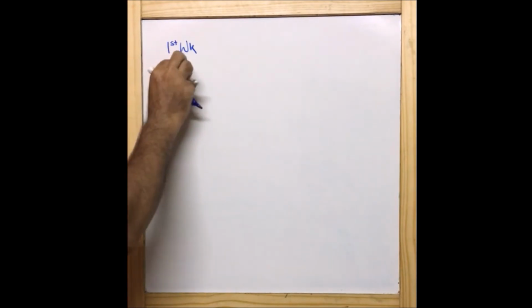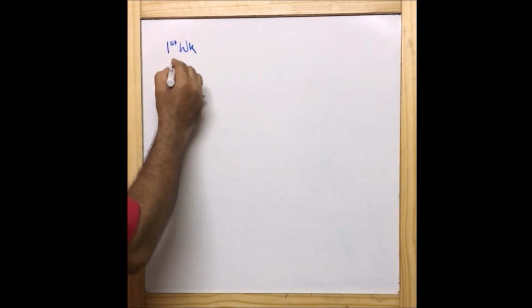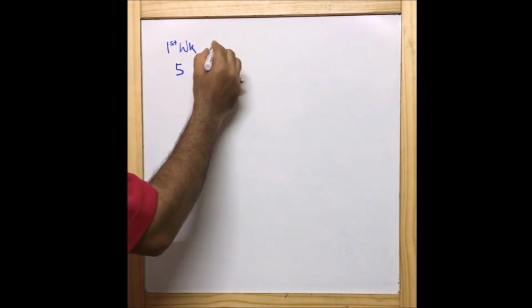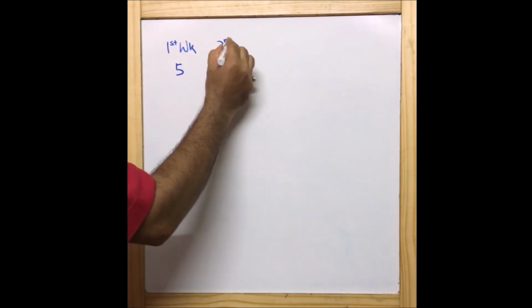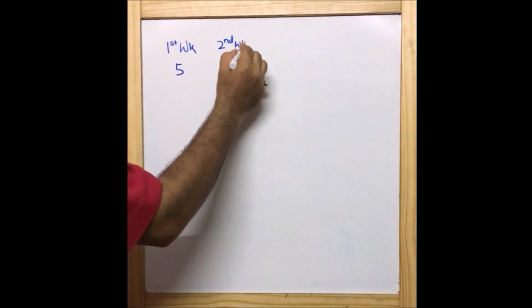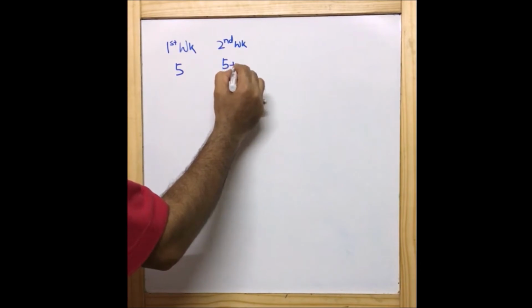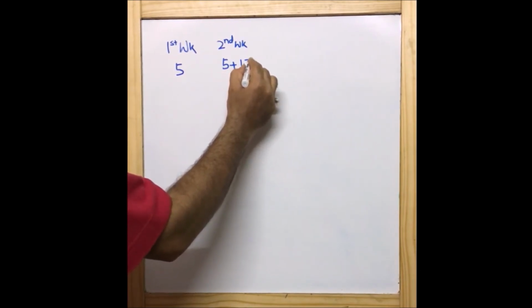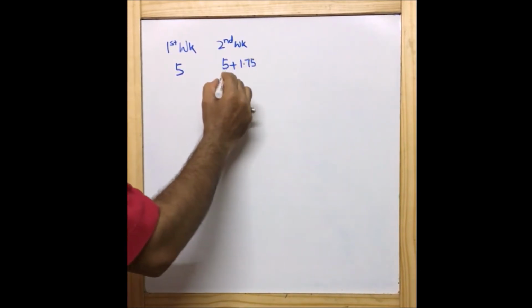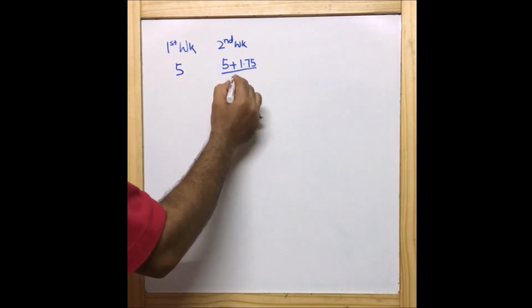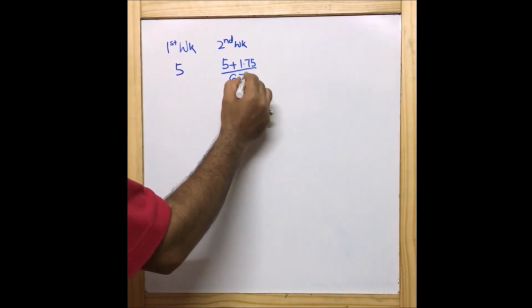Then the second week, the amount became 5 plus 1.75, because it increased by rupees 1.75 each week. So here the savings became 6.75.